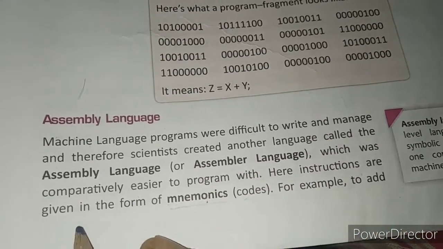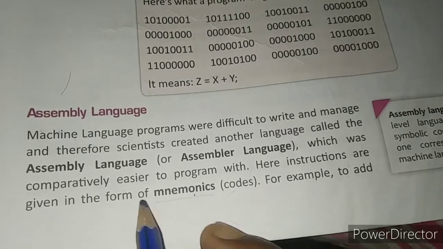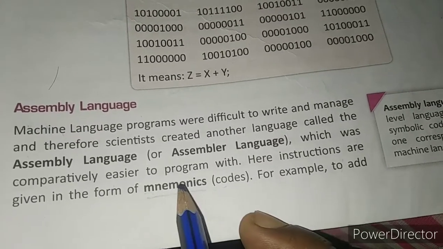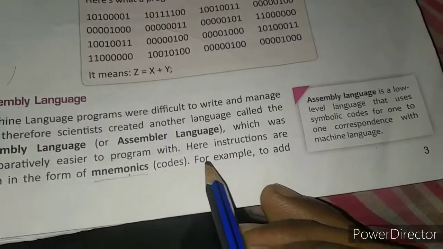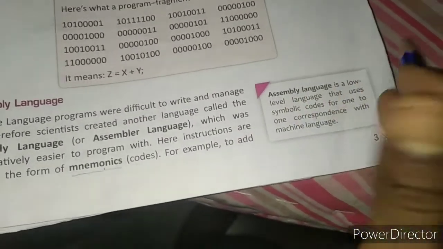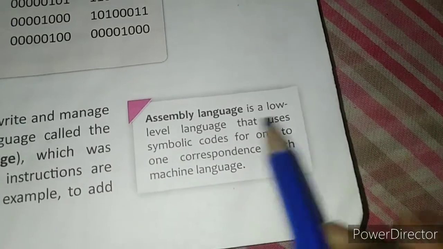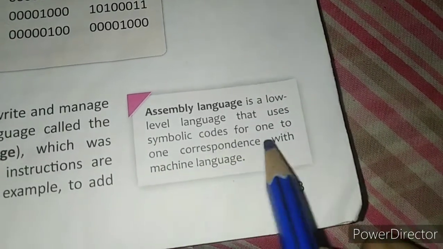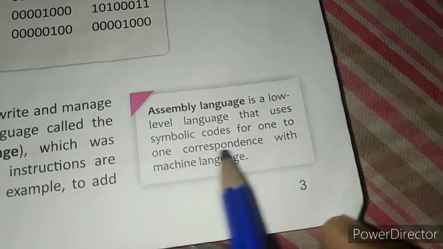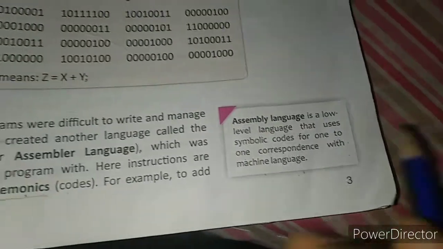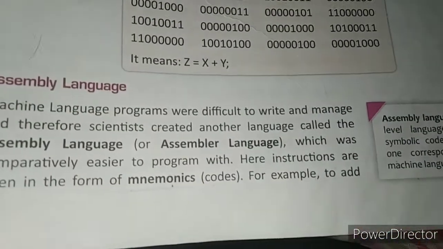Here instructions are given in the form of mnemonics, right? Assembly language is a low level language that uses symbolic codes for one-to-one correspondence with machine language. And these are mnemonics, right?